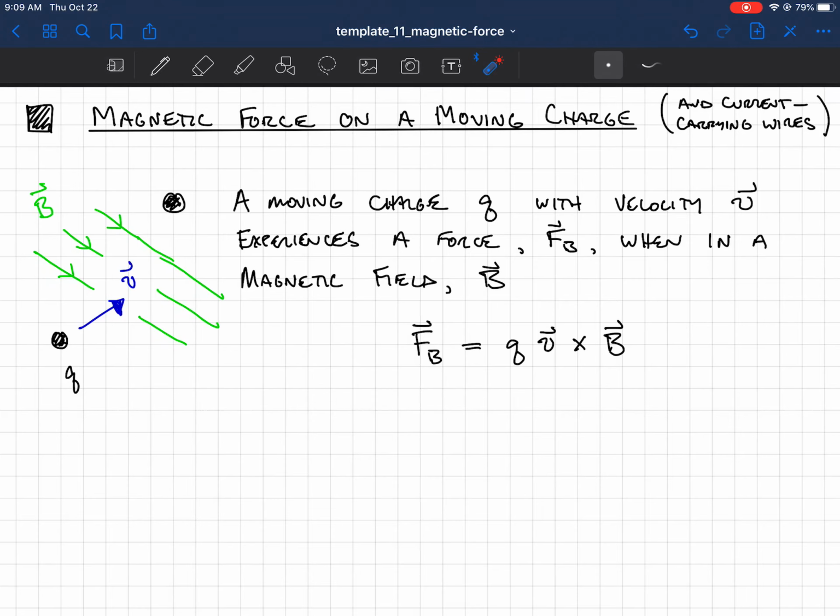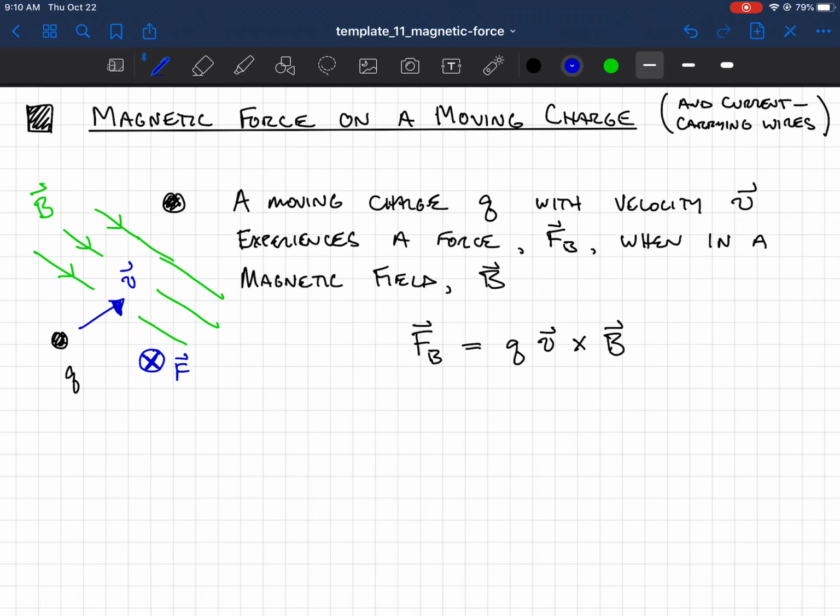So let's find v cross B here with our right-hand rule. Well, v cross B, if we put our fingers sort of up in the 2 o'clock direction across the page, then we need to twist our wrist so that our fingers can close into the 4 o'clock direction, and then your thumb should be pointing into the page. So the force in this example here, I'll draw it, will be into the page.